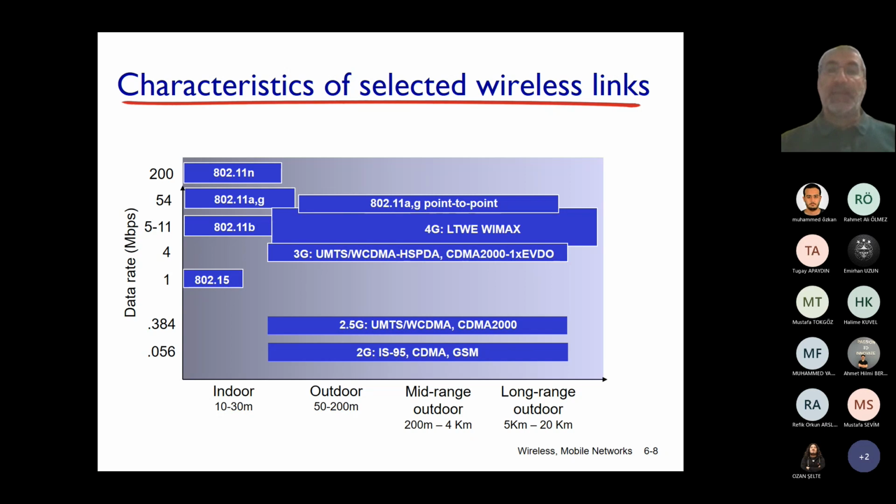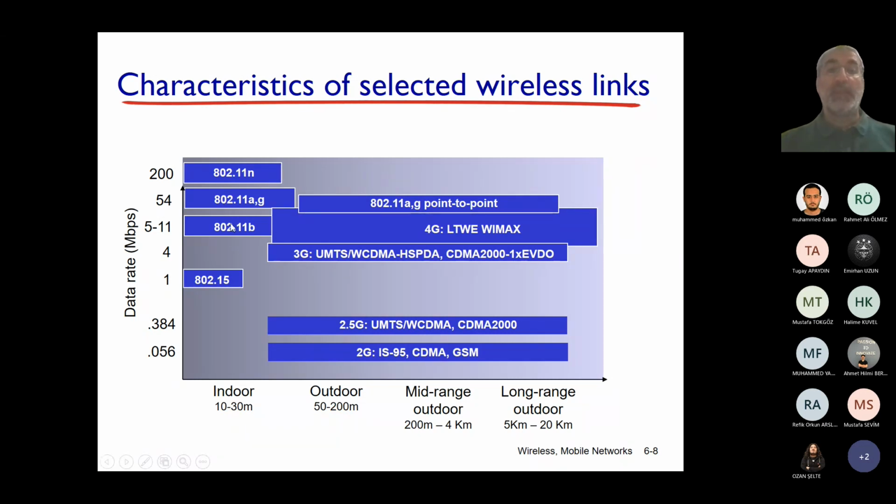So let's look at some selected wireless technologies and their characteristics. The y-axis is the data rate in megabits per second, and the x-axis is the distance in meters or kilometers. We have different wireless technologies such as IEEE 802.15, like Bluetooth, which is utilized mostly for short range, such as indoor applications from 10 to 30 meters.